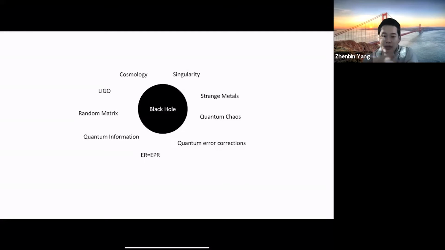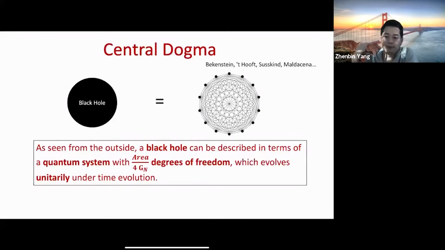It's also related to other areas such as strange metals, quantum chaos, quantum information, and random matrix theories. And throughout those studies, one important idea about black holes has been used, what's now called the central dogma of black holes. It says that, seen from outside, a black hole should be treated as an ordinary quantum system with finite degrees of freedom.